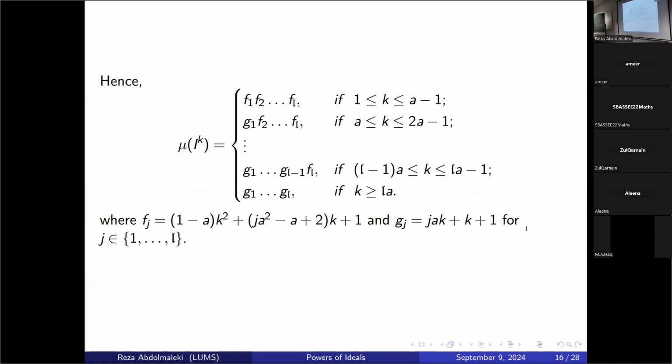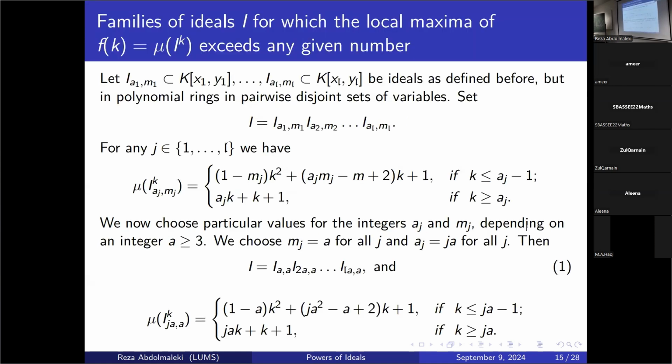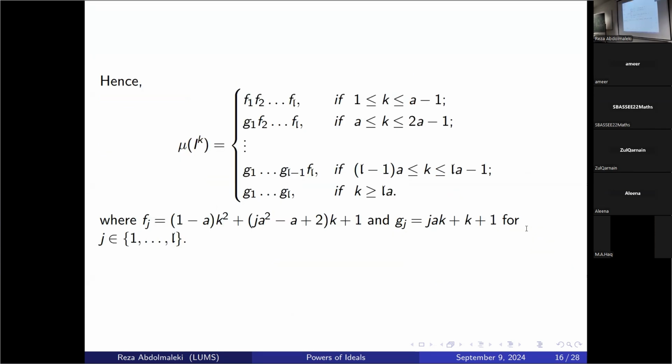Now, mu of I^k is this one. In each interval, the relation is in the particular form. For the first one, it comes from these intervals, the product of these polynomials for each of them. For the next one, one of them comes from here, and for the last one, the rest come from here, and so on. Why is it like this? Because the variables are pairwise disjoint, right? The base rings.